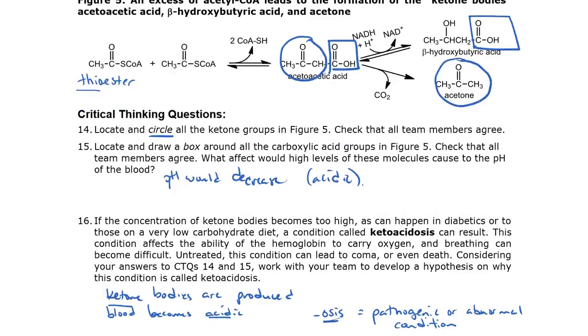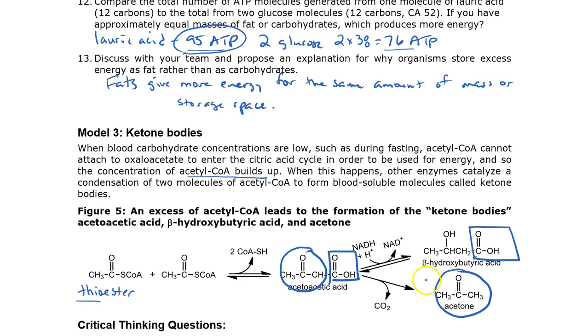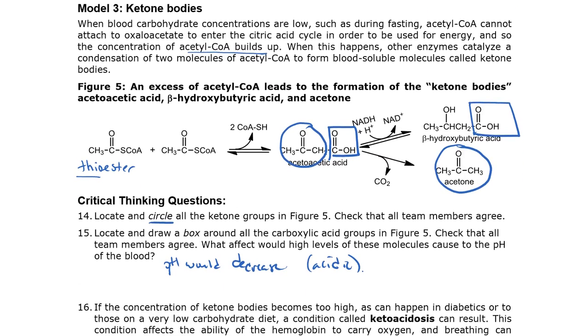Unfortunately, the term ketone bodies is kind of a misnomer, because if you look at it, only 2 of the 3 even have ketones. One of them is not a ketone at all, and really it's the acid that is more detrimental to physiology than the ketone part. So ketone bodies is just kind of, well, that's why I have it in quotes, right?